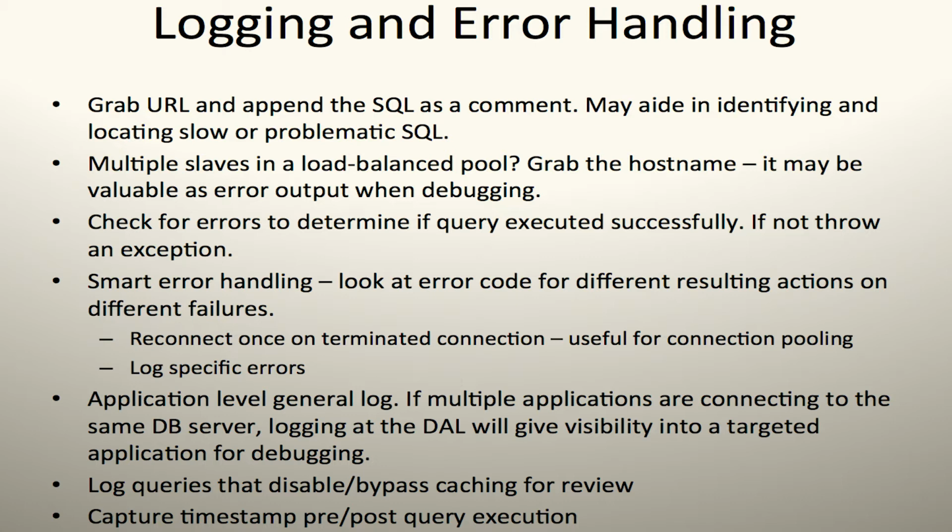If you have very low wait timeouts, your database connection may actually time out while the application is processing all this data, and then when you go back to send your next query over the pipe and execute that, it may fail. In this case, it would be very valuable not just to know the query that failed, but to know the query before it. So there are a lot of different things that you can capture. Error handling is very, very valuable.